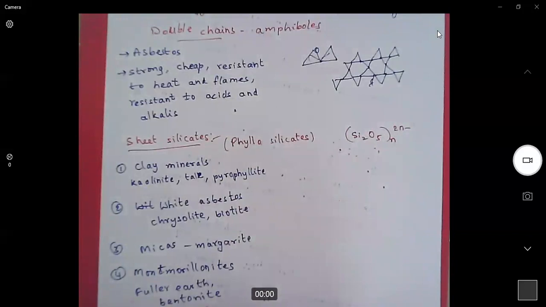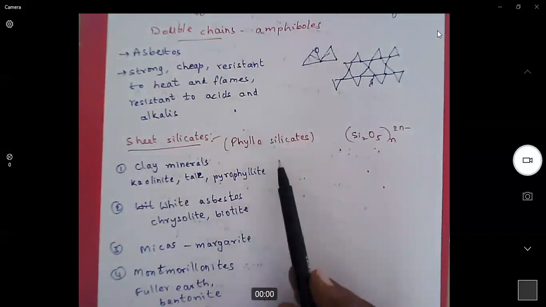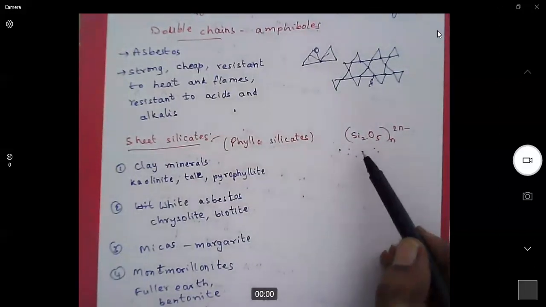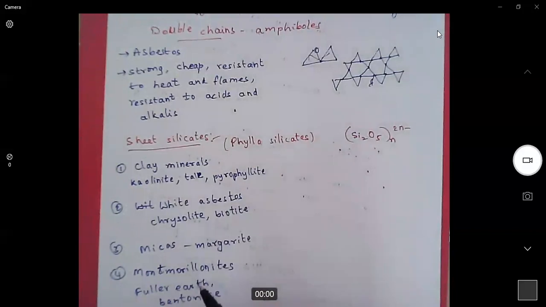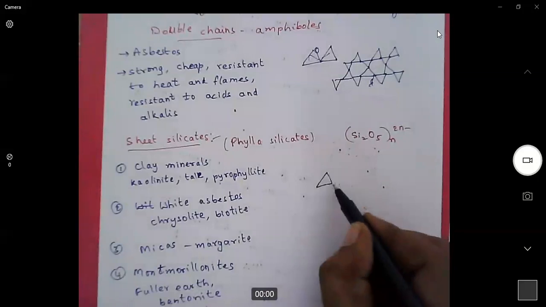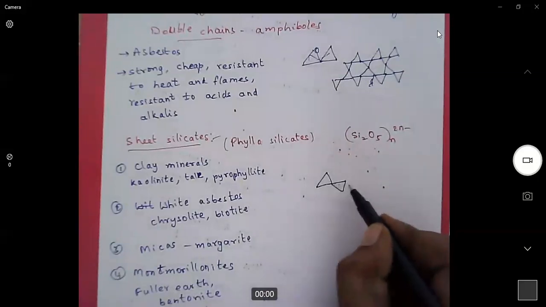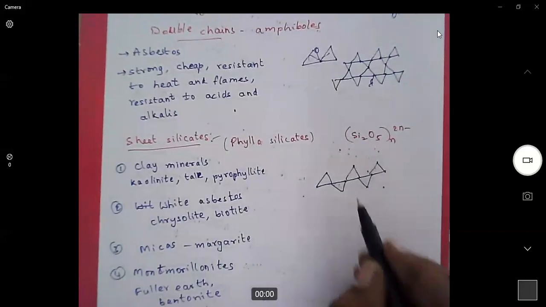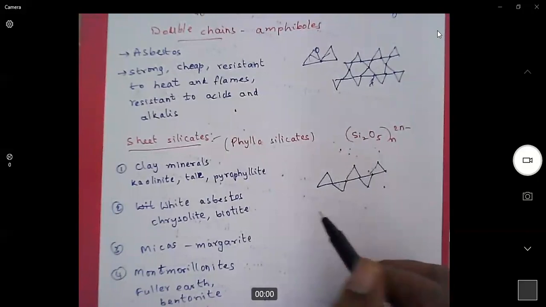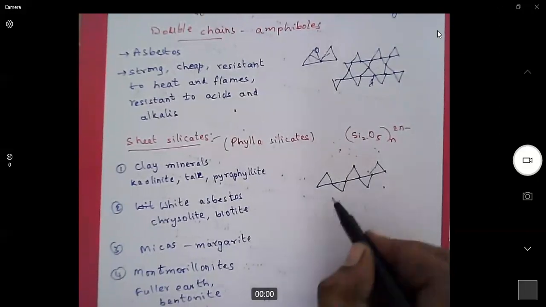And the final type of silicates is sheet silicates, which are also called phyllosilicates, whose general formula is (Si2O5)n, charge 2n-. There are many examples of sheet silicates. For simplicity, I am not writing the oxygens and silicon atoms. So this is one chain. Then another chain will be attached to this.